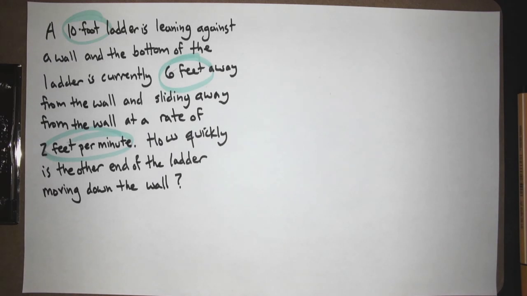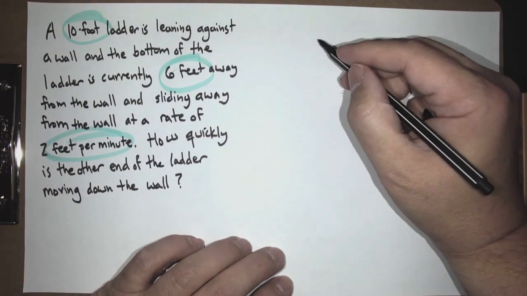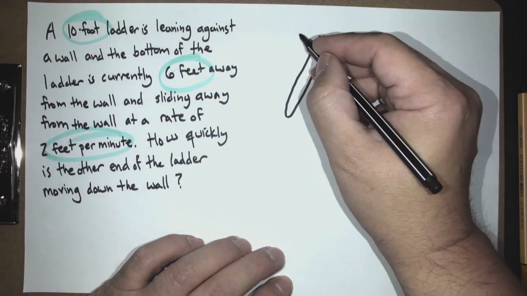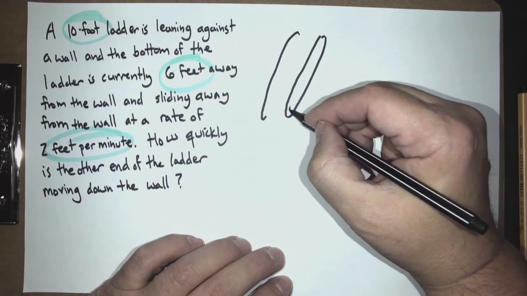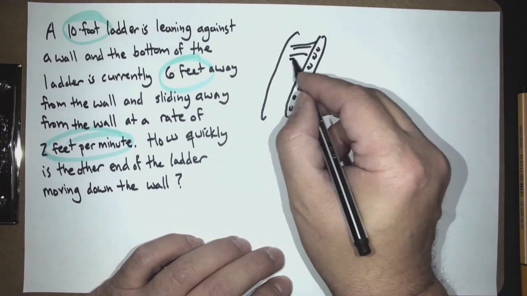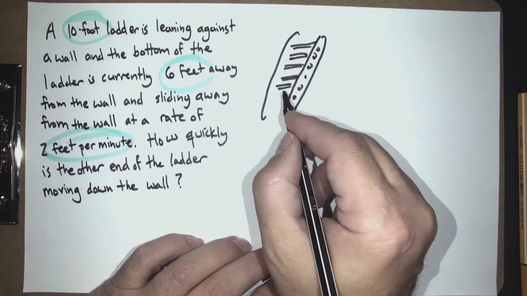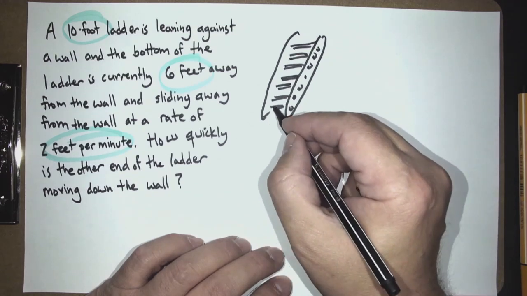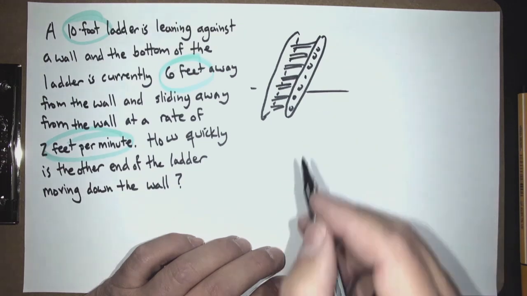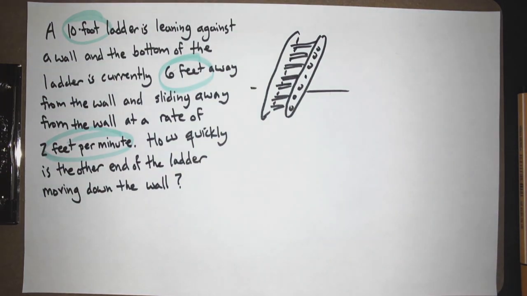Now, you could say, look, I'm going to be very precise about my picture. I'm going to draw my ladder here. It's going to look very realistic. Now, is this a helpful drawing? Well, it's nice. It's a pretty drawing. It certainly looks like a ladder.